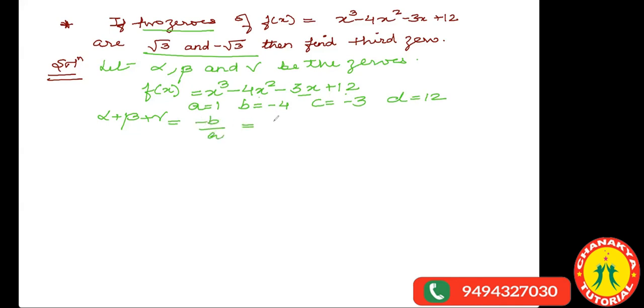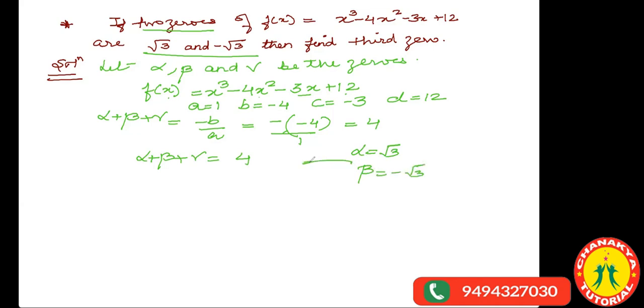So just put the value of B, minus 4, and the value of A is 1. Minus times minus is plus, and it will be 4. Clear? Yes, ma'am. Now, children, see here. Alpha plus beta plus gamma is equal to 4. Here the zeros we have mean the value of alpha is root 3 and the value of beta is minus root 3.